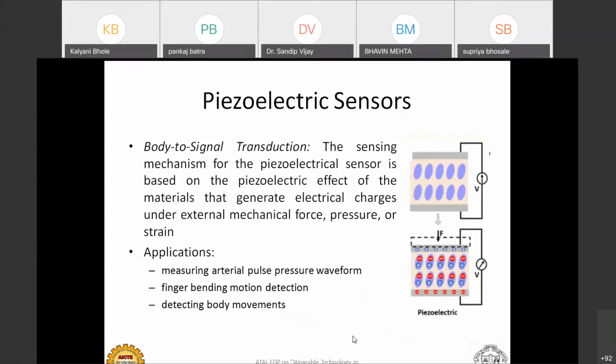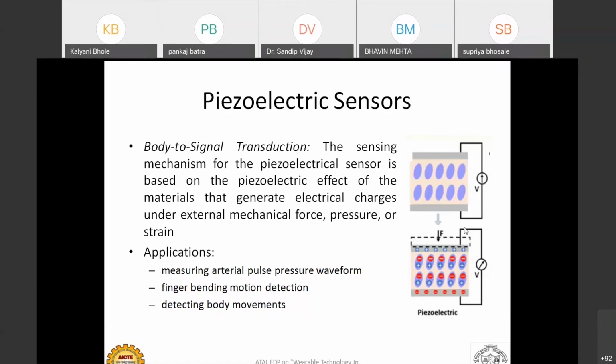Another sensor is the piezoelectric sensor. In this sensing mechanism also, when force, pressure or strain is applied, the atoms or ions align themselves along the direction of the force, in such a way that on one side they are all positive, and on the other side all negative.